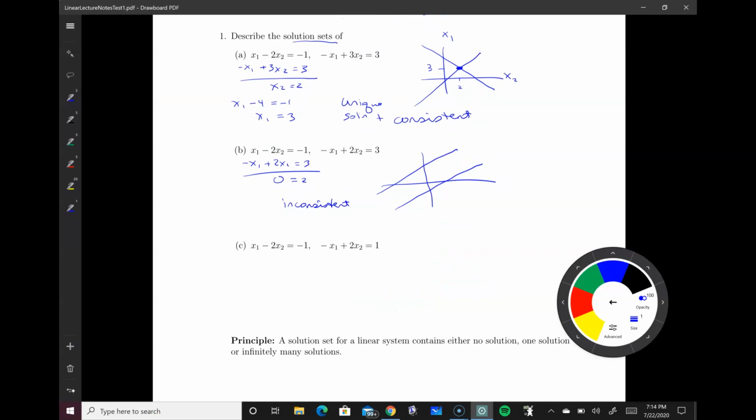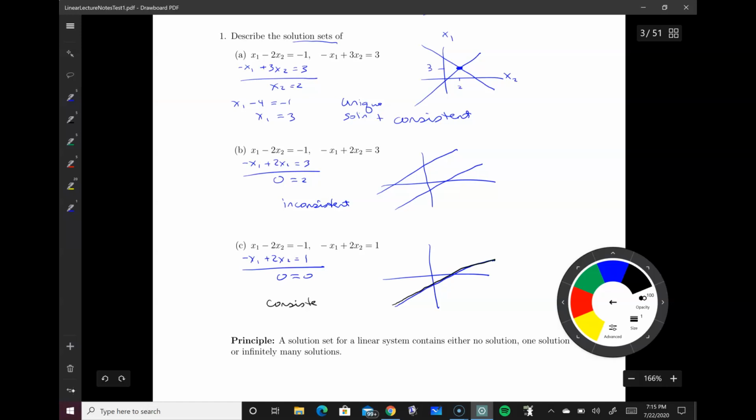All right, so if I put this line under here, and I add these equations together, I get 0 equals 0. Well, that's true. So what this means is that if I was to draw the lines, I would have two lines right on top of each other.